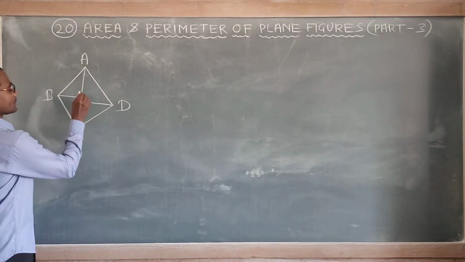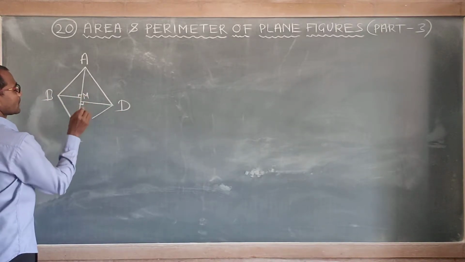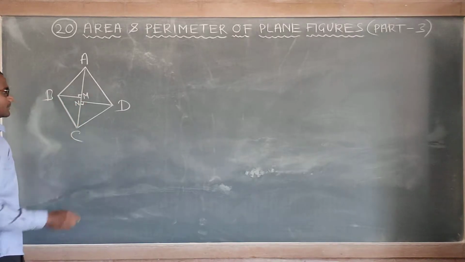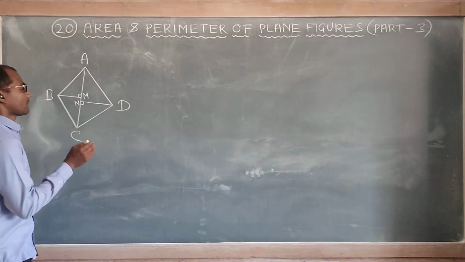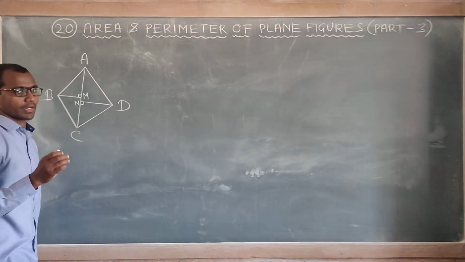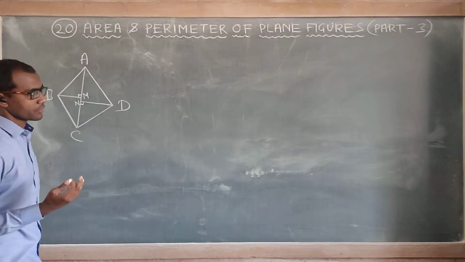Suppose this is M, this is N. One diagonal is given and the perpendiculars from the remaining two vertices on the diagonal are given. In this case, how to find the area?